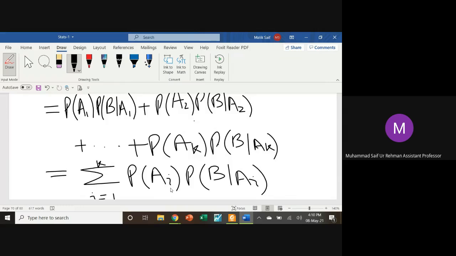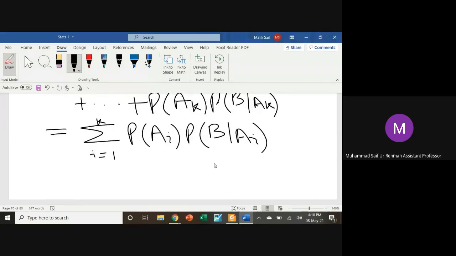For example, when you put 1 instead of I, you will have this term. And summation is there, so you will add the terms. When you put I equal to 2, this term will be there. So all these terms from 1 up to K, when you write down this equation in compact form, you will have this. So probability of B, we have proved that probability of B is equal to this.